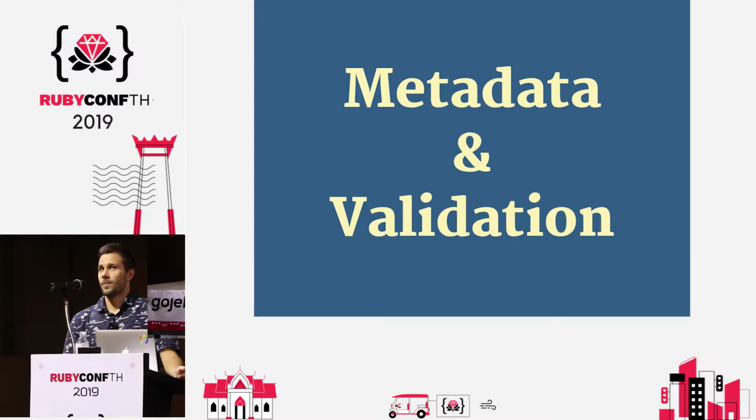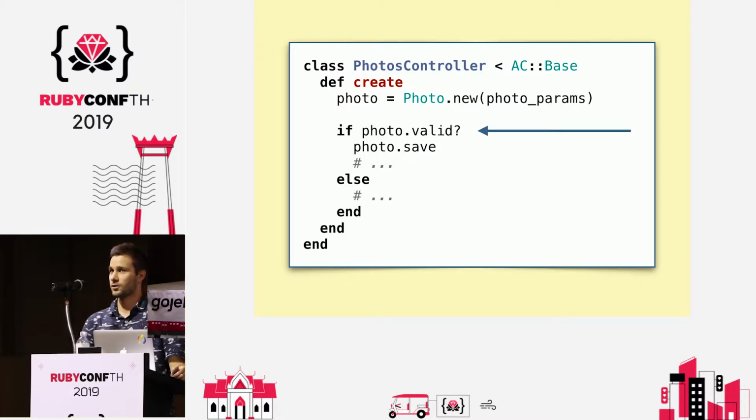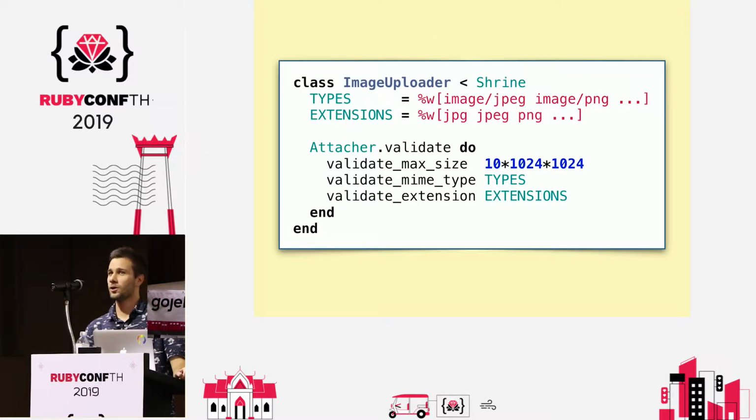So I would like to start with talking about metadata extraction and file validation. I think that's the simplest area to start with. When a user uploads a file to your application via a form, you usually want to validate the file as part of user input validation.